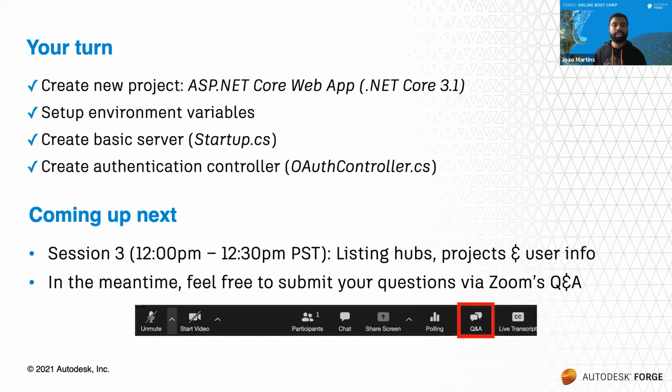You need to create a new project using .NET Core 3.1, set up the environment variables, create the basic server, changing the startup.cs, and create the authentication controller. All right. Are you able to do it? You have 1.5 hours. So if you have any questions, use the Q&A, please. See you in some minutes.